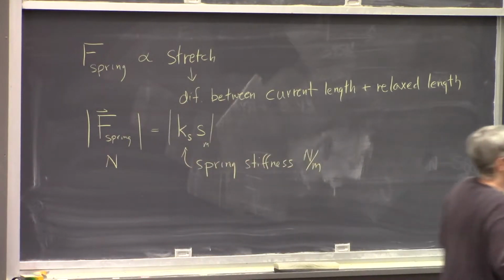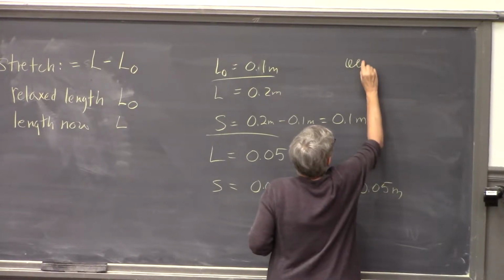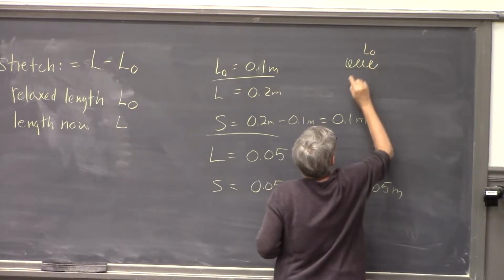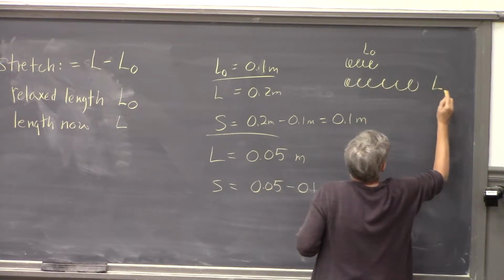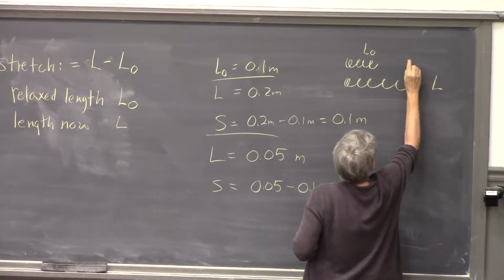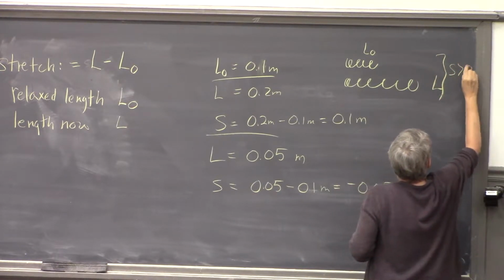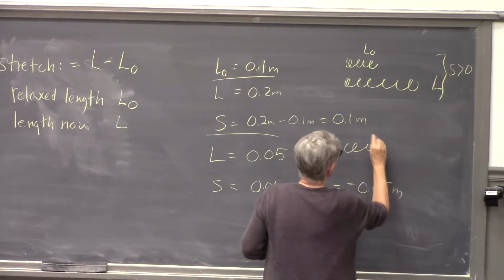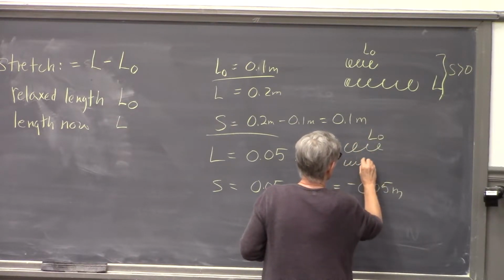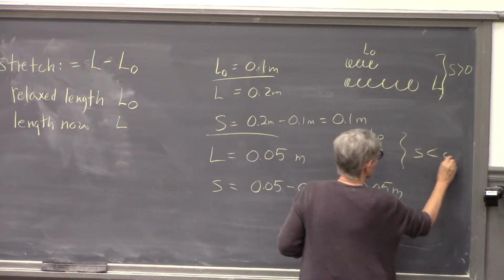So we see that if we have here's our spring with length L0. If L is greater than L0, then stretch is greater than 0, but here's L0, here's L. Stretch is less than 0.